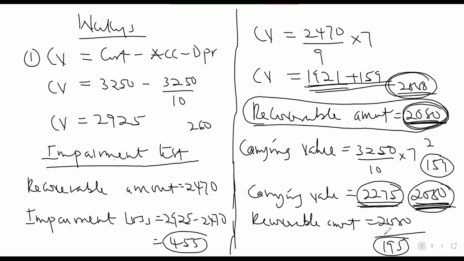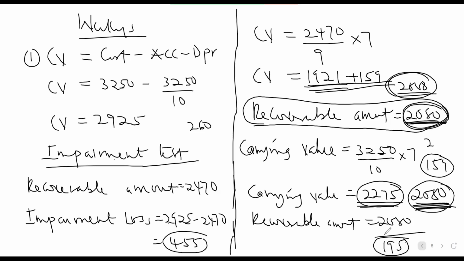The difference between this one is 260, isn't it? Yes, sir. That 260 should not be impaired in the first place. So we have 260 divided by 9 times 7.